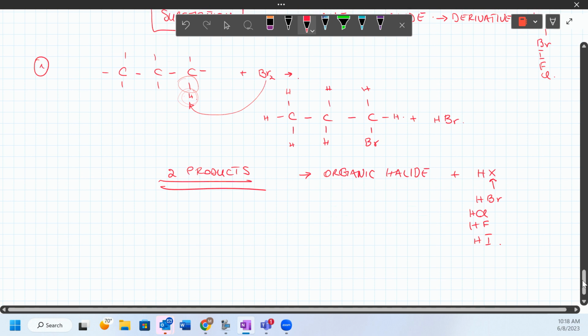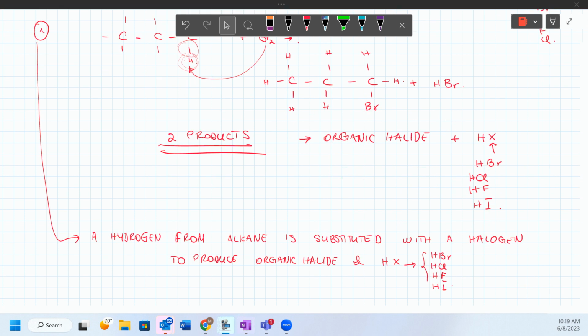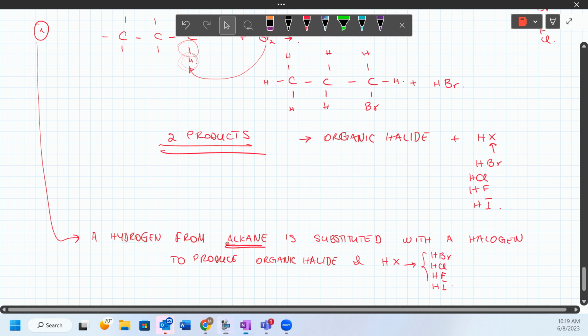I will write it in words so that you can have it, and then we'll move on to the second type of substitution. So this is the very first way that the substitution is happening. A hydrogen is replaced from the alkane, meaning single bonded.